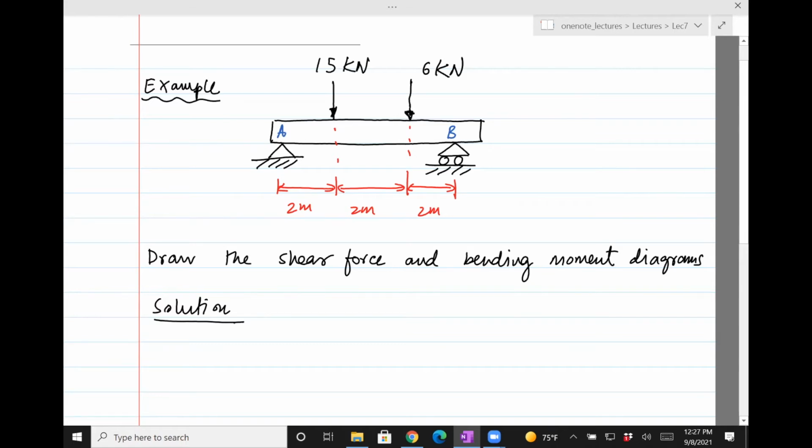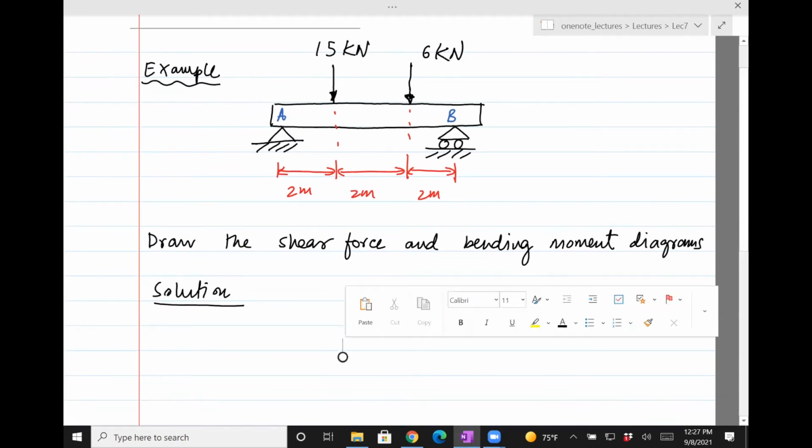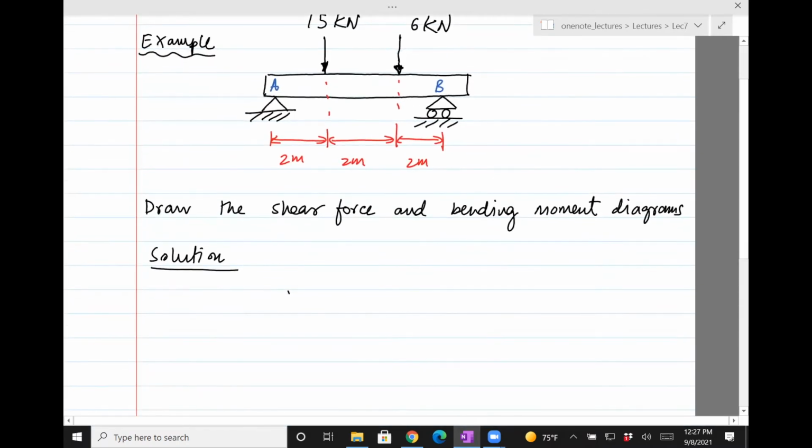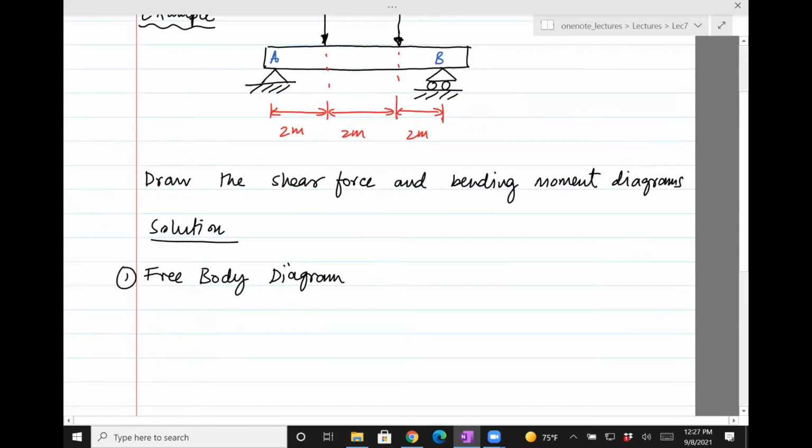Okay, so I'm going to follow the recipe I put down there, those 3 steps. Step 1, free body diagram.